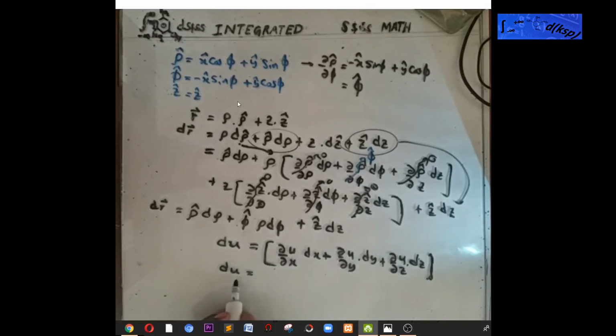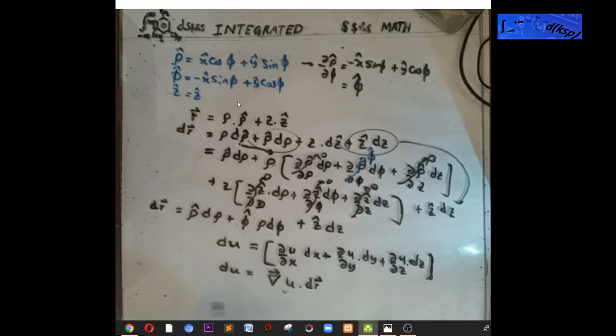This is our del operator, del u, because here we have u. You need to take the dot product between these two, and it becomes just a scalar. This is the gradient theorem.